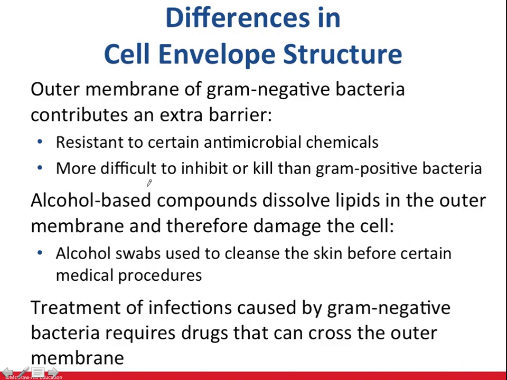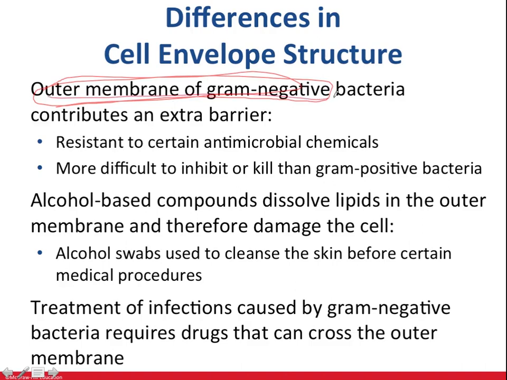When we talk about gram staining, we can use alcohol to dissolve and destroy this membrane. However, we cannot inject alcohol into the patient's veins to kill the bacteria, so we have to use medication.